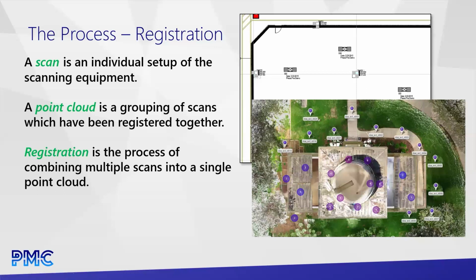But each of those has to be stitched to the one next to it. And so this is where, if we're using targets on a larger job, we need to see at least 3 common targets between one scan and the next to get a geometric lock on those 2 data sets. In this case, what we're looking at over here on the right, this is a relatively small job and it was done without targets and it turned out fine. As it gets bigger, that doesn't work.